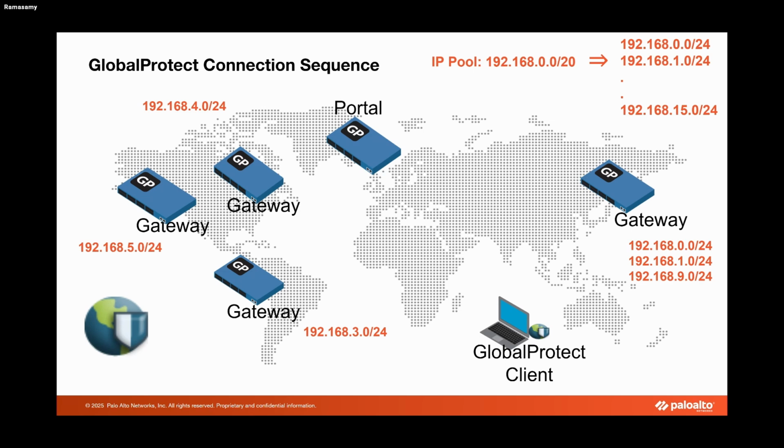So when more than 254 users connect to a single gateway, Prisma Access will dynamically allocate from the available /24 subnets to the respective gateway, which needs to expand its IP pool to accommodate more users. In this example, the right-hand side gateway might have around 600 users. That's why we have 3 subnets allocated to it.